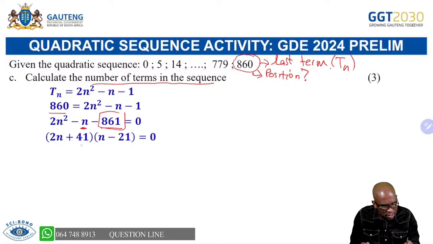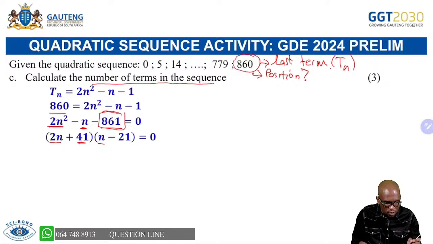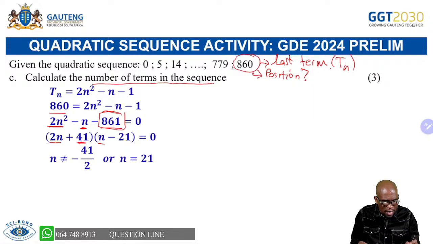We also looked at the factors of 2n squared, that would be 2n and n, and then the factors of 861, that would be 41 and 21. So now this shows us that n should be -41 over 2, or n is 21.